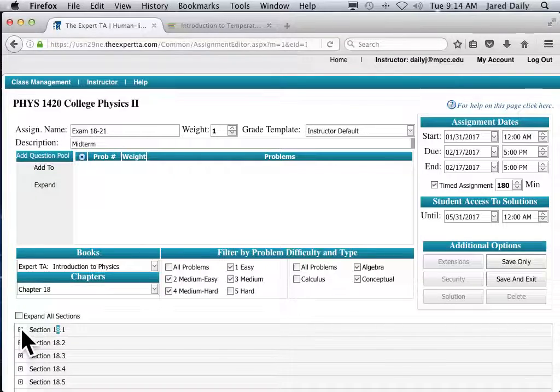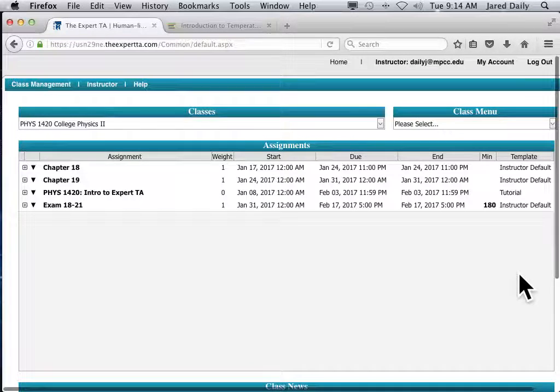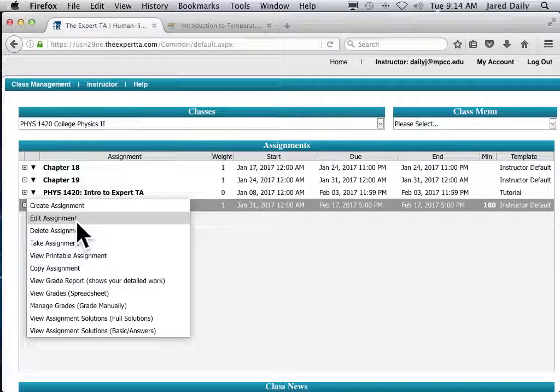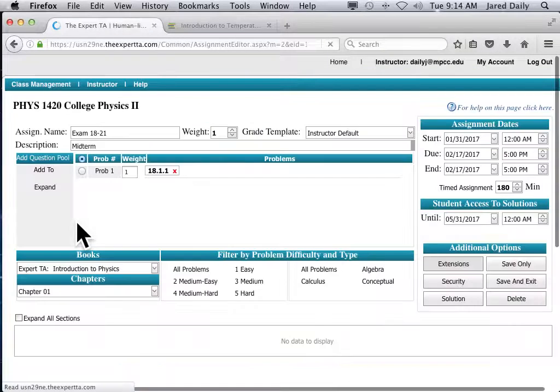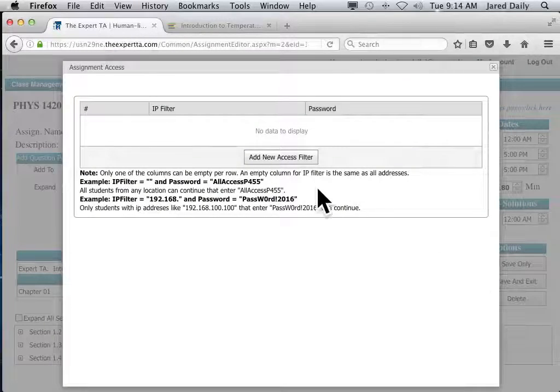We'll just put in a problem randomly just so that it has a problem in it. And we will save. There we go. So now exam 18 through 21 has something. We'll put some security in it. Example IP filter and password.